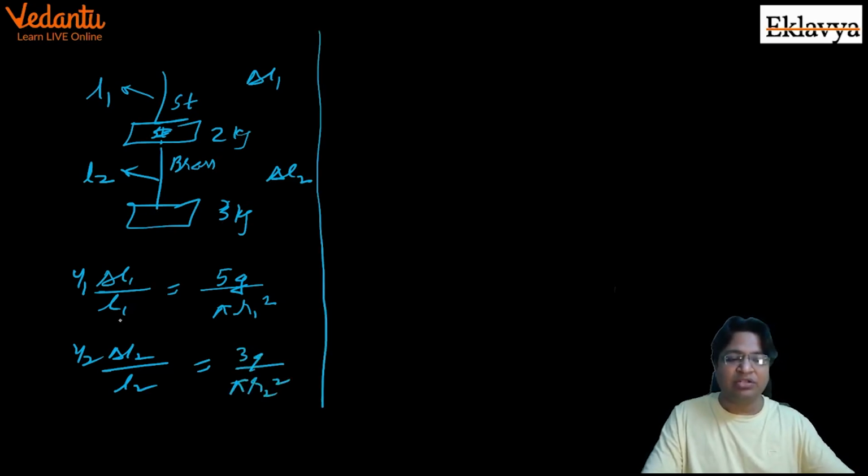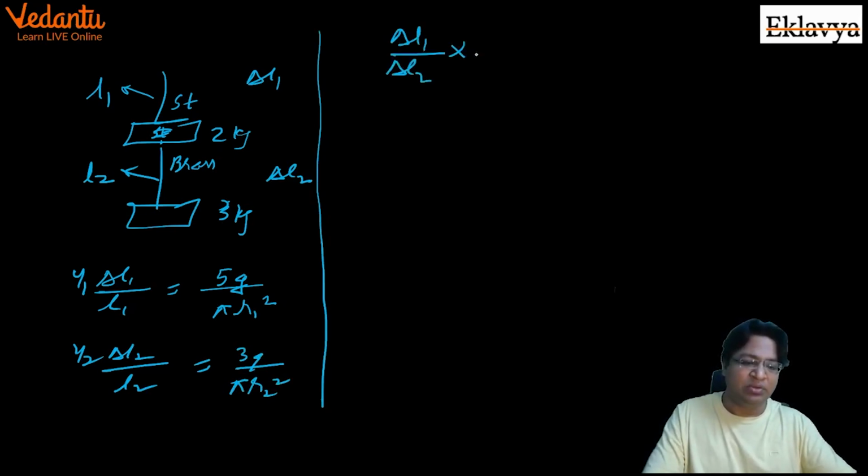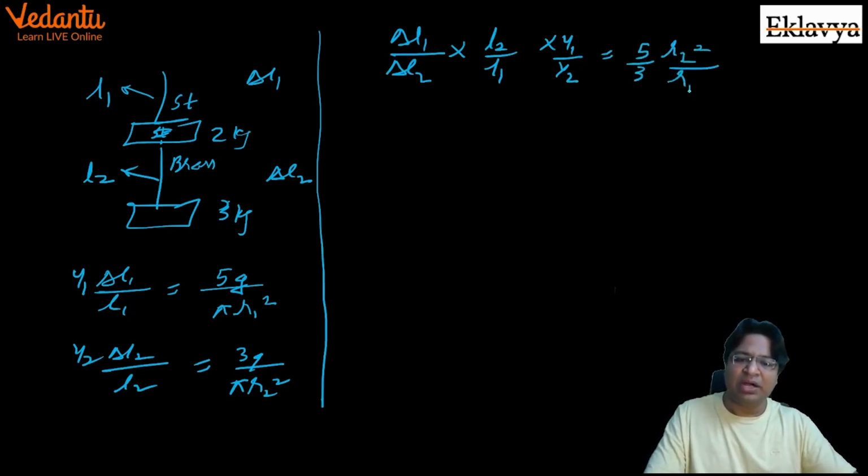Now you take the ratio of these two equations, so we get delta L1 by delta L2, into L2 by L1, into Y1 by Y2 is equal to 5 by 3, R2 square by R1 square.